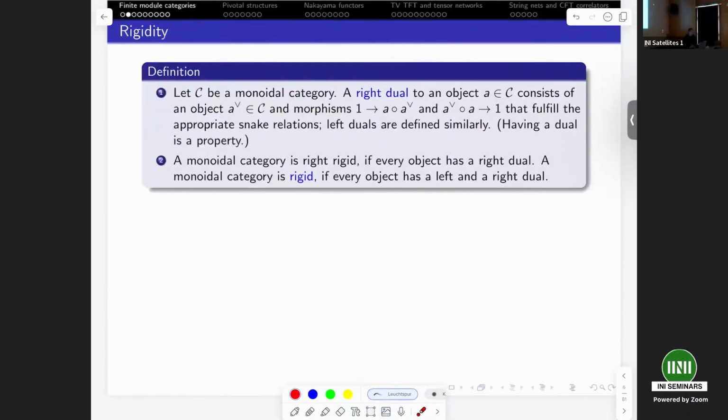Now, concerning rigidity, if you have a monoidal category, then you can ask whether objects have a right dual. So what is a right dual? That's another object which comes with some evaluations. So you have a morphism from the monoidal unit to A tensor A dual.